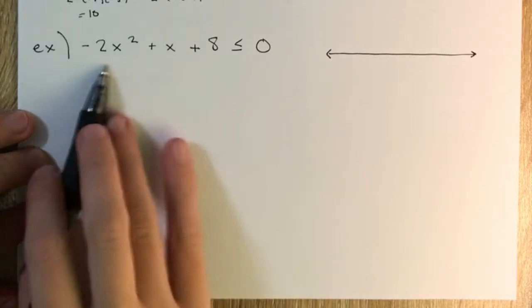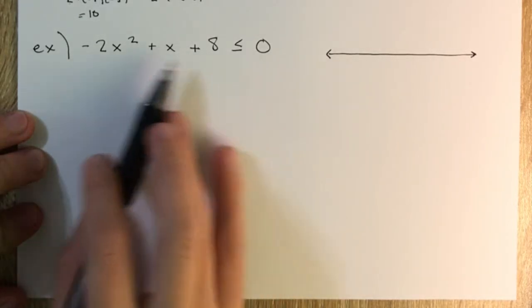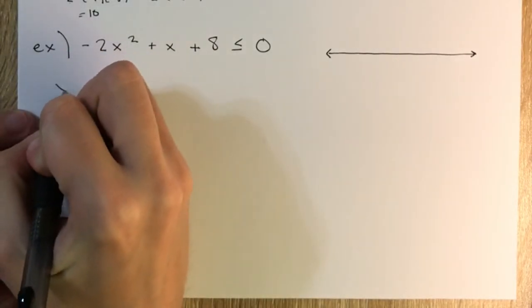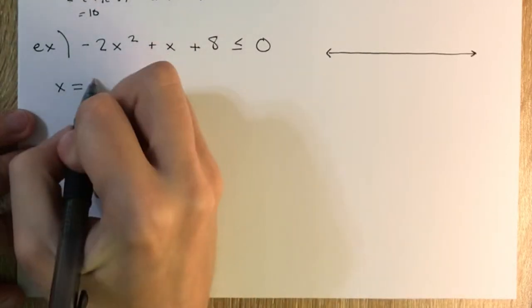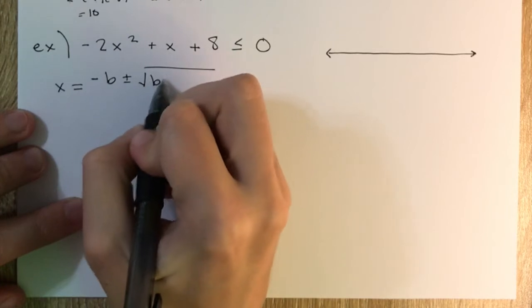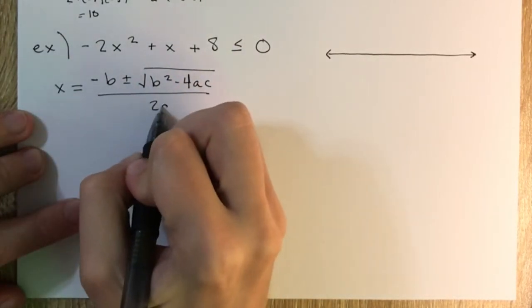What are our roots here? Can we factor this? We cannot factor this, so we do need to use the quadratic formula. So we have, again, negative b plus or minus the square root of b squared minus 4ac, over 2a.